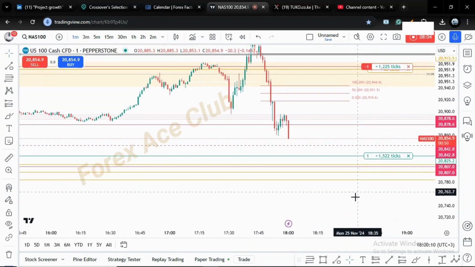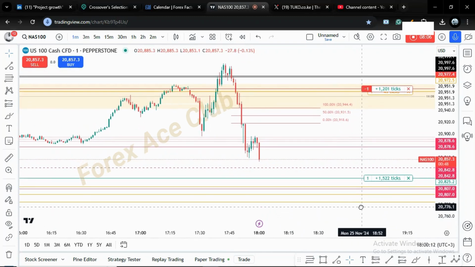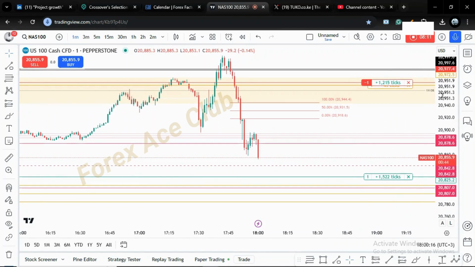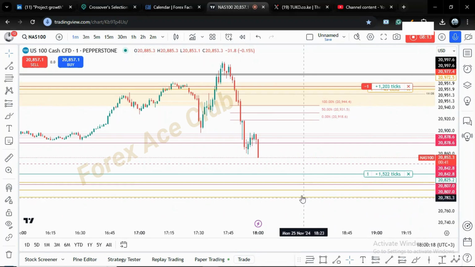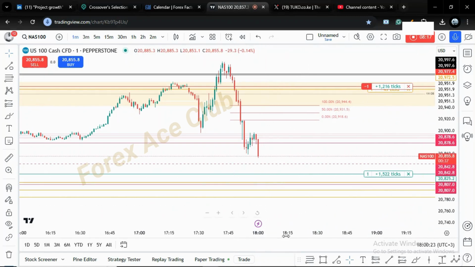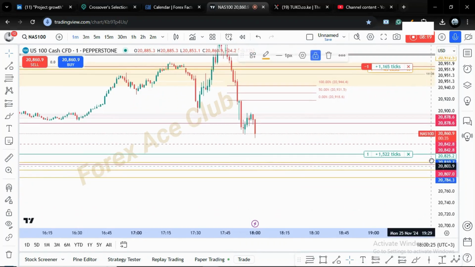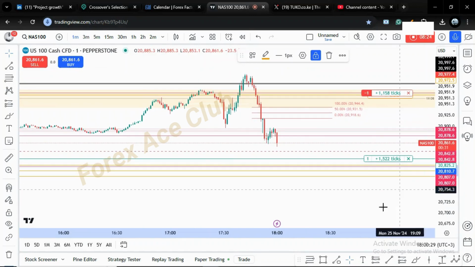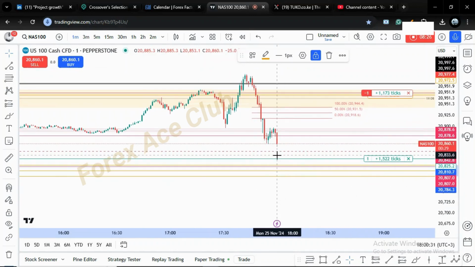Beautiful price delivery. Midpoint. This is the midpoint. So I'd like to see speed to my take profit area.